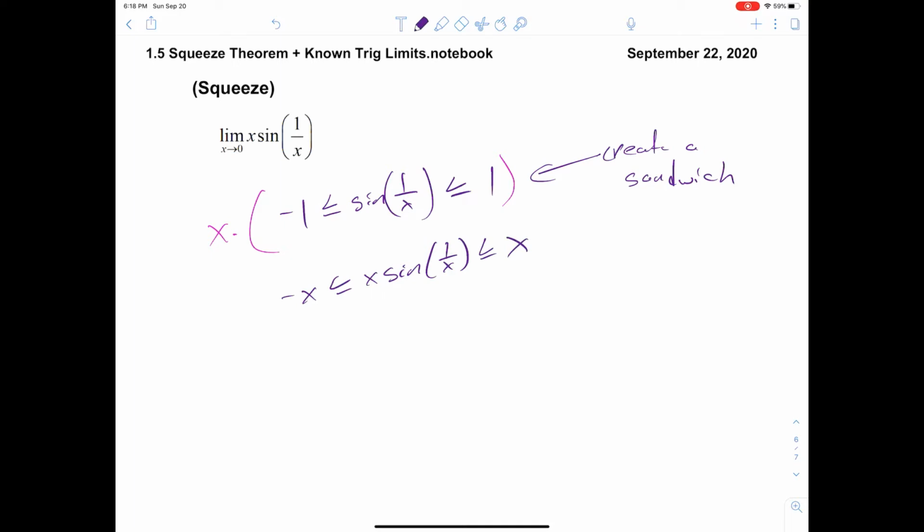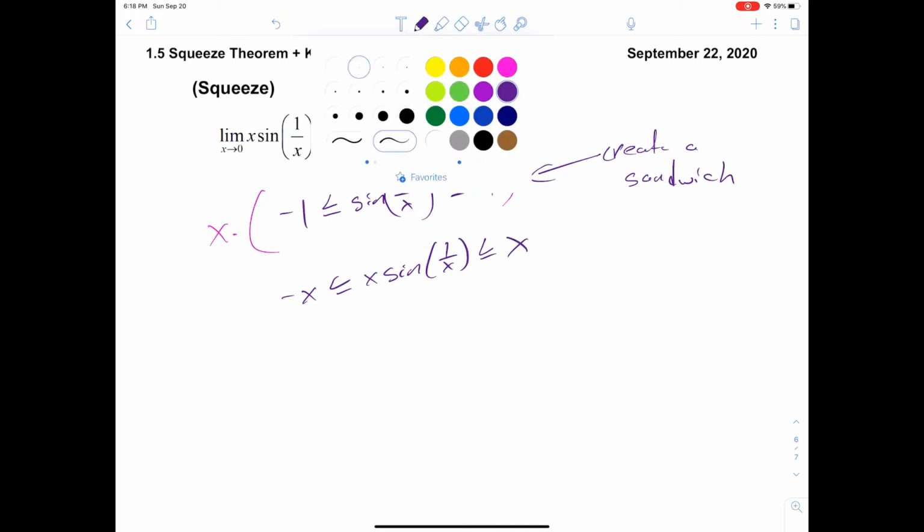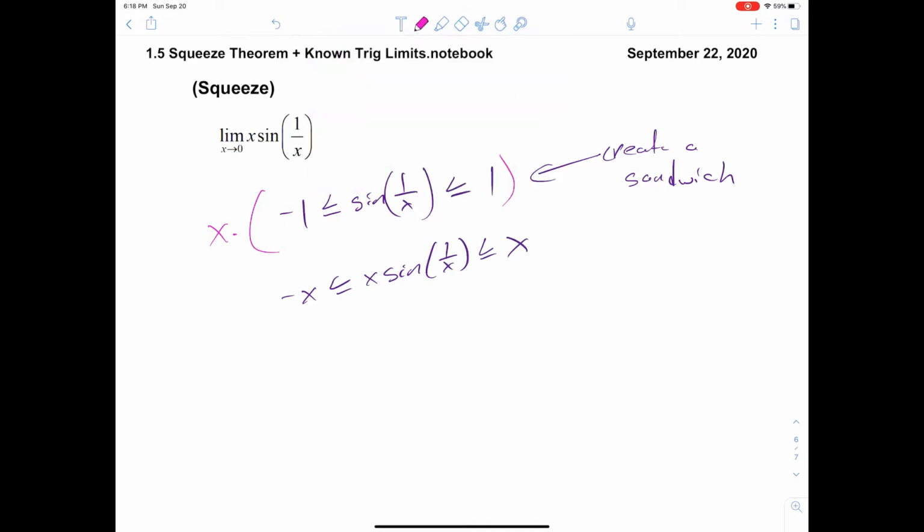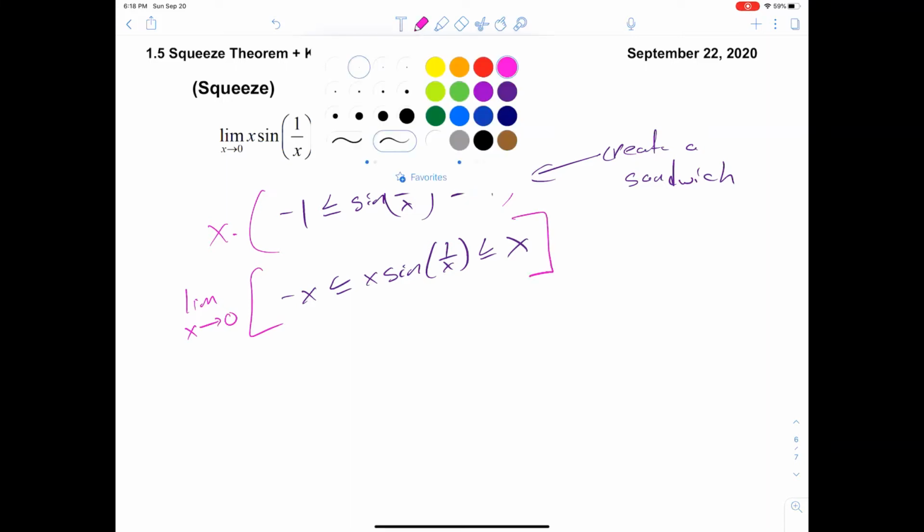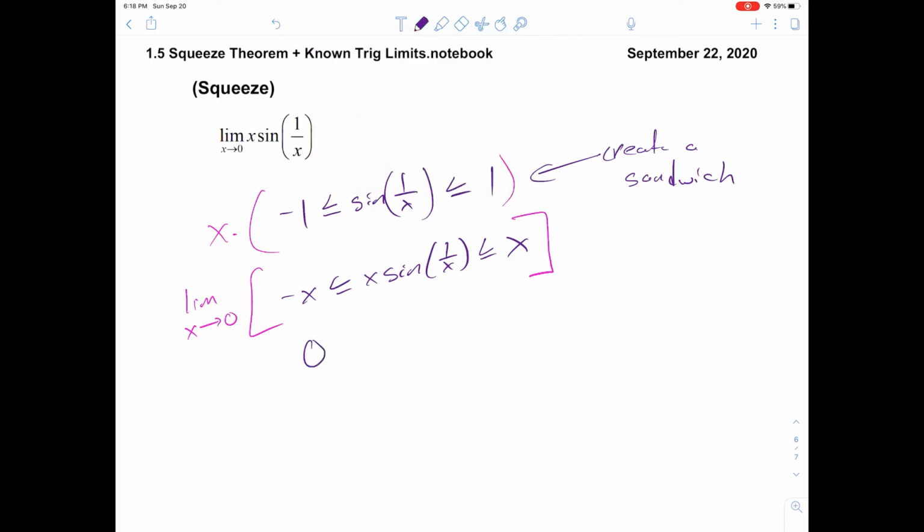And then finally, for our last trick, we have to reach into our newly developed calculus skills, and we have to apply a limit to the entire inequality. Now when you plug in 0 there, you get 0. We don't know what this is, but we do know what this is. That is also 0.